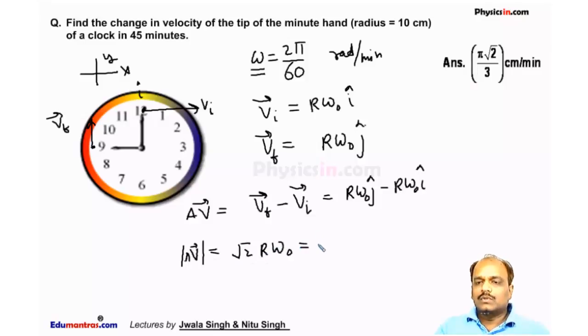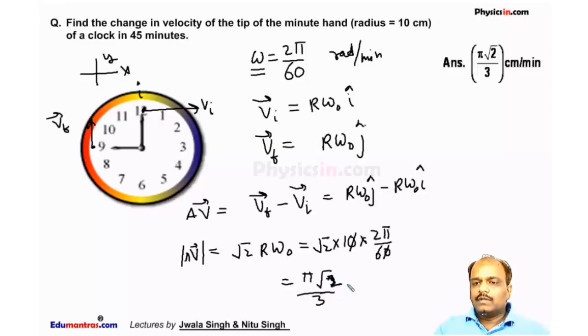We know R is equal to 10 centimeters, so it is root 2 times 10 into omega naught, and omega naught is 2 pi by 60. This comes out to be root 2 pi by 3 centimeter per minute.